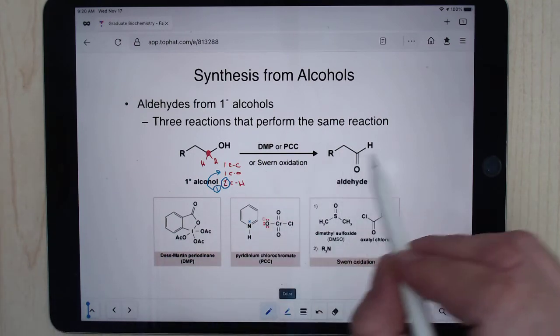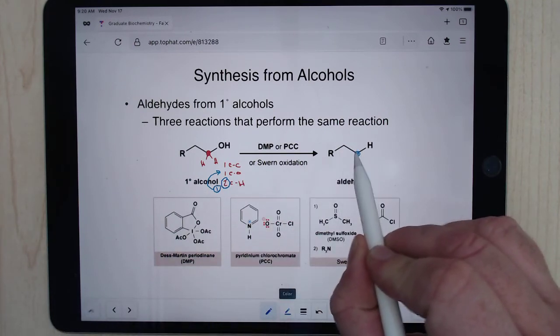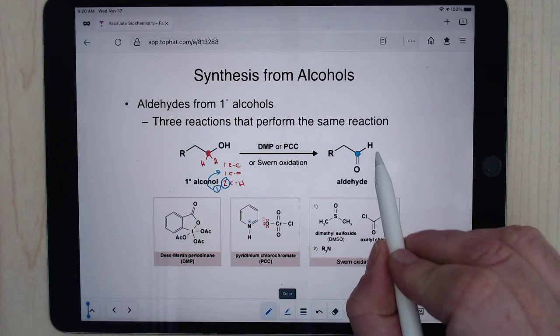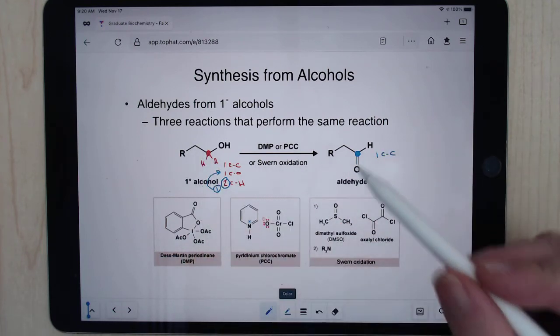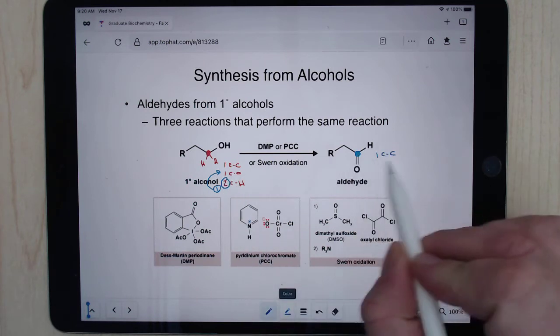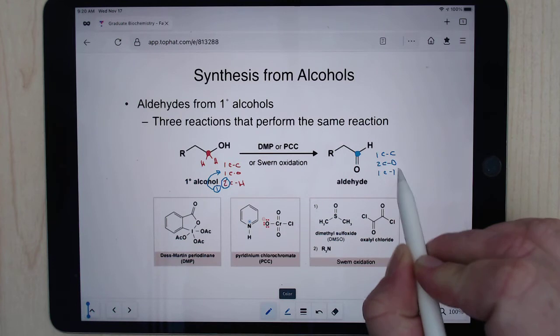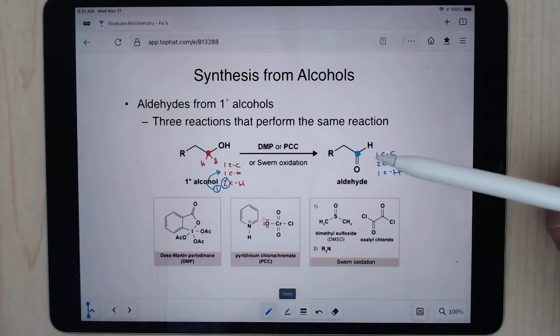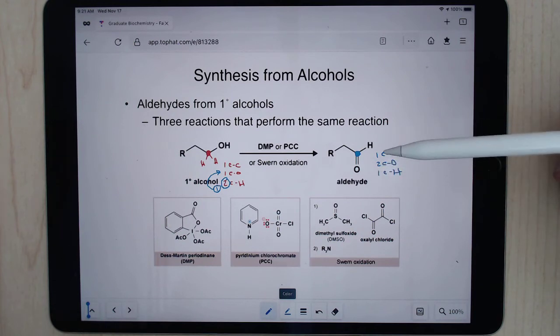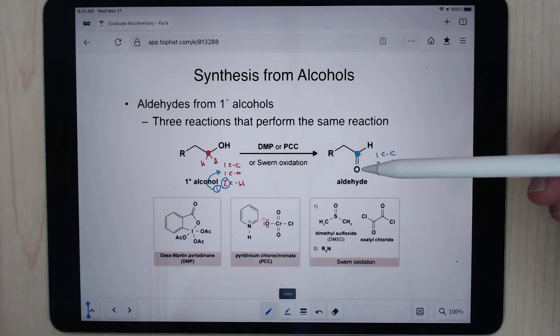So if you look at it here, we haven't done anything to that carbon-carbon bond, but now we've got two CO bonds and one CH. So how do you get two CO bonds on a carbon? The easiest way to do that is with a carbonyl group.